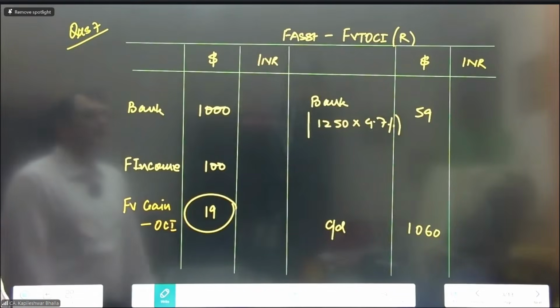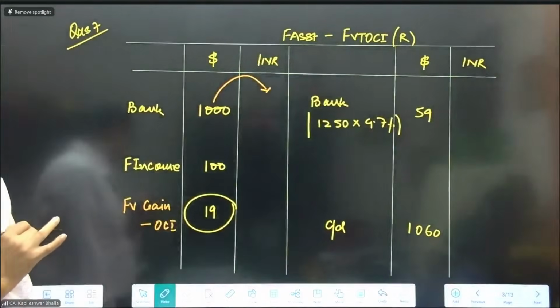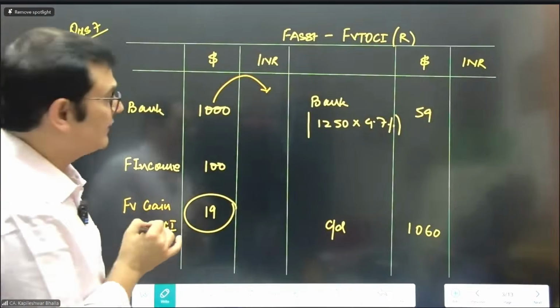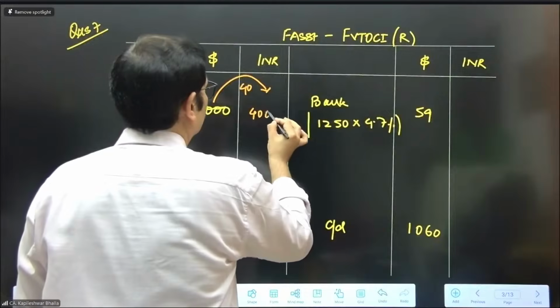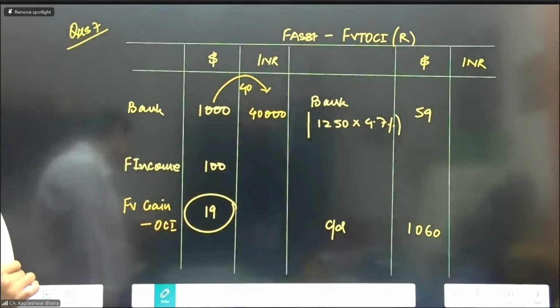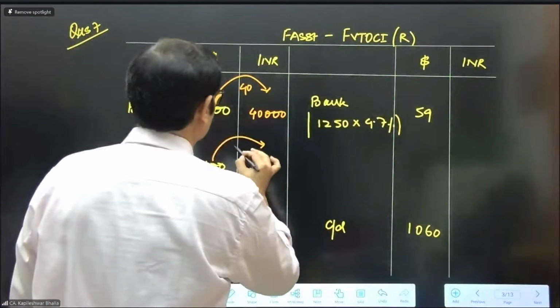So let's start applying the rates. So what is the rate to be applied on the opening balance when you made the investments? Undoubtedly the opening rate, and the opening rate is given 40. So that works out at 40,000. And what about the rate of exchange on the finance income? Can I say this finance income is supposed to be the income to be taken in the profit and loss?